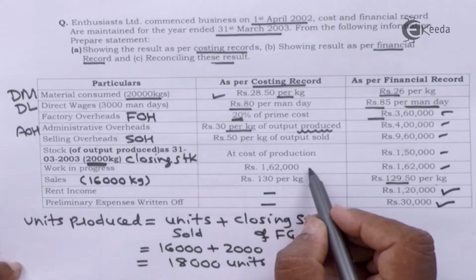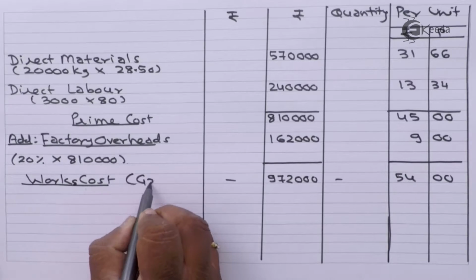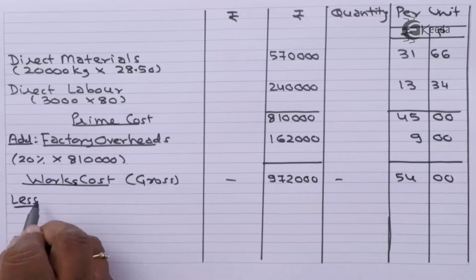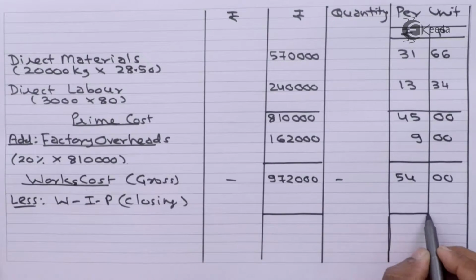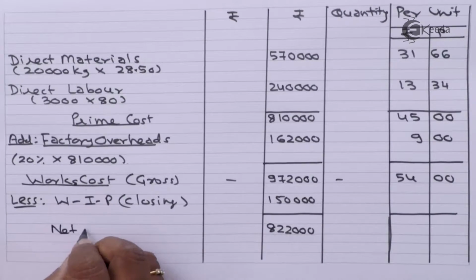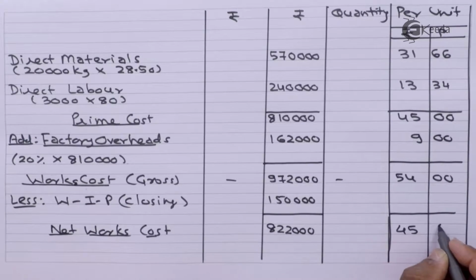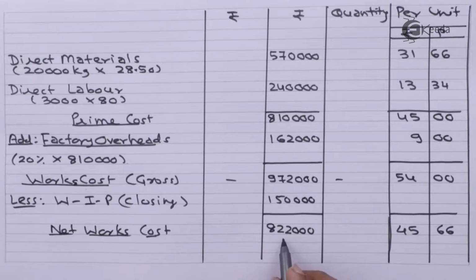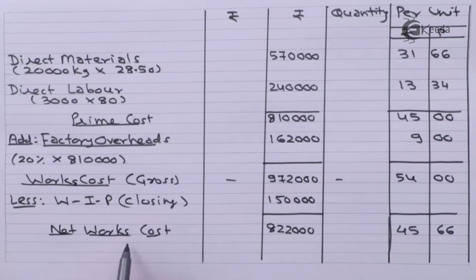Work in progress as per cost book 1,62,000. This will be deducted. So net works cost we got 8,22,000, per unit rupees 45.66. Closing work in progress we have subtracted. To this we are required to add office and administration overheads.